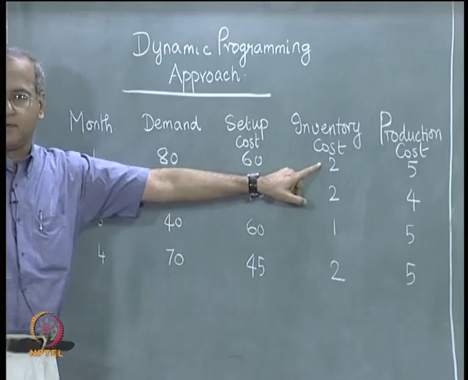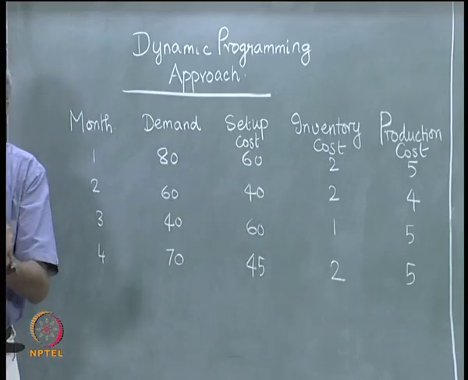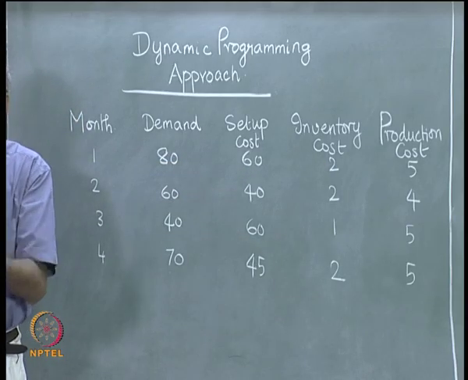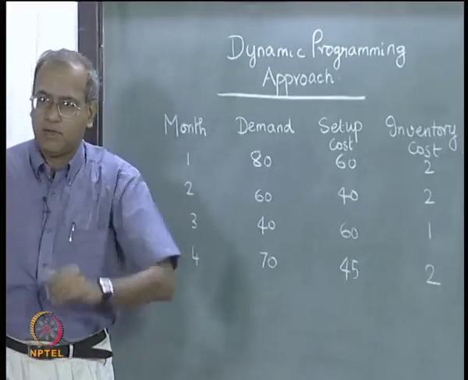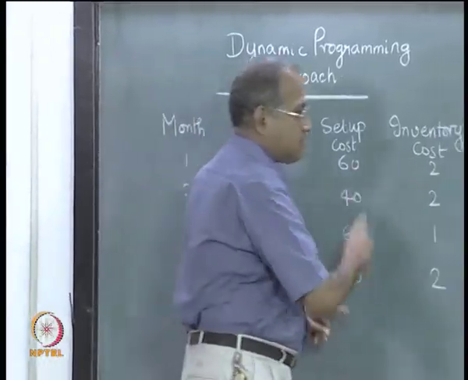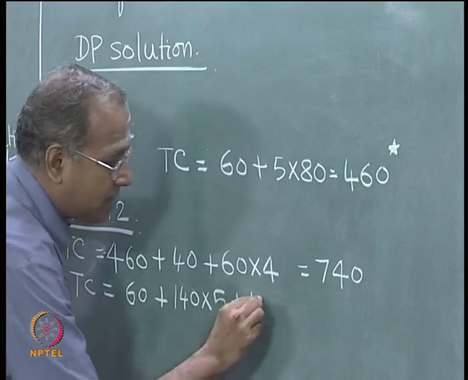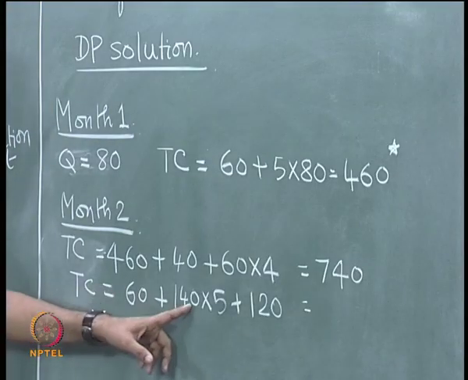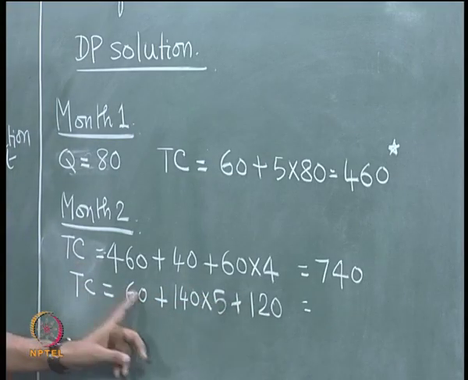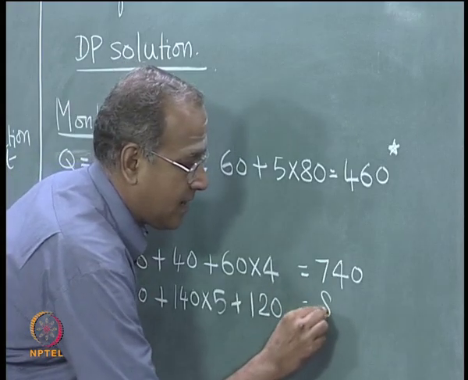This 2 represents the cost of carrying 1 unit of inventory at the end of the first month to the second month. So, 60 into this 2 is 120. So, this becomes 700, 820 plus 60 is 880.